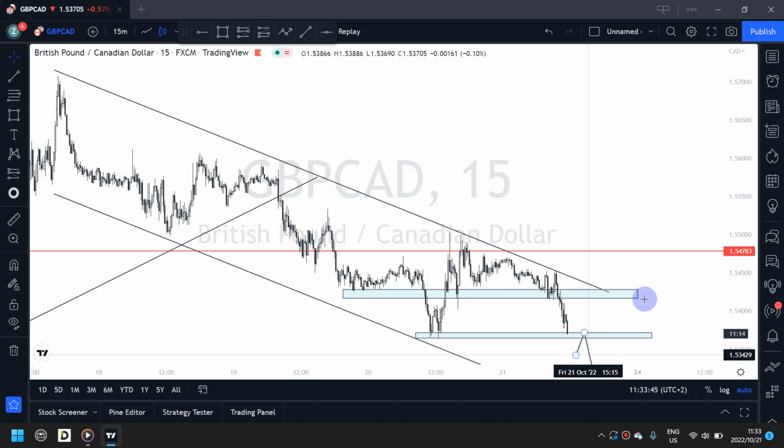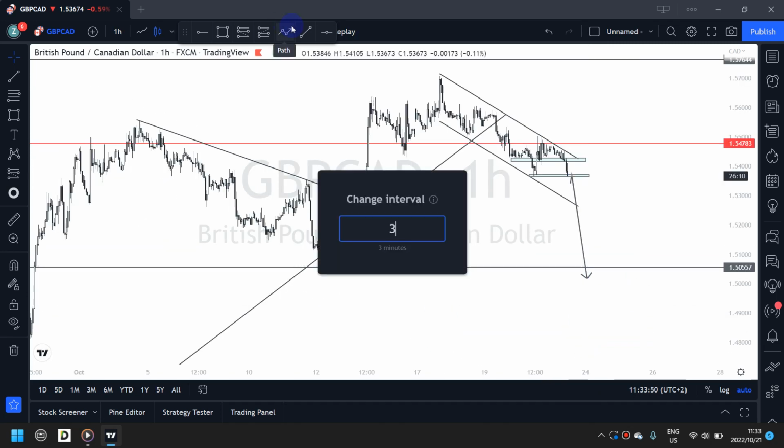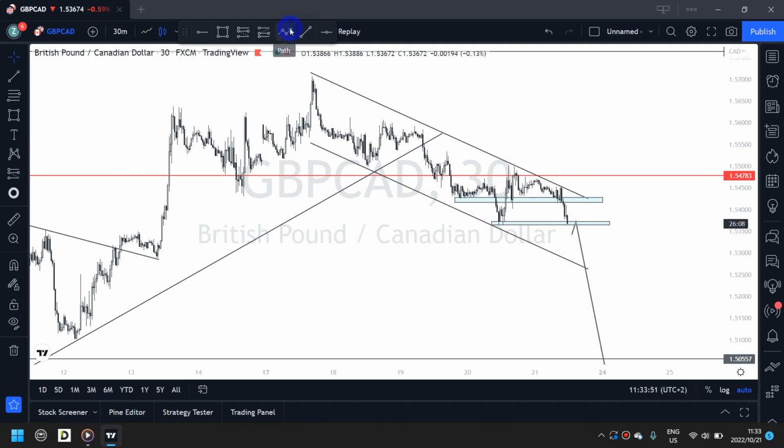But one thing that I don't like is that if, for example, I sell right there, look, we're in the middle of these two trend lines, like the middle.